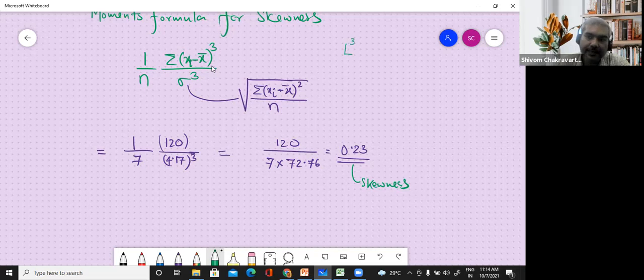Dimensionality, when you have studied, so length, say centimeter. The numerator's unit will be centimeter cubed, and the denominator will also have centimeter cubed. So these will cancel out each other, and skewness will be unitless or dimensionless.